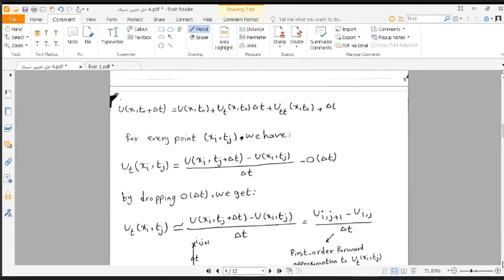Okay, we put xi instead of x, and tj instead of t0, and we have the derivative of u with respect to t equals u of xi and tj plus delta t minus u of xi and tj, over delta t, minus O of delta t, which is the order of the truncation error of the formulation for u with respect to t.